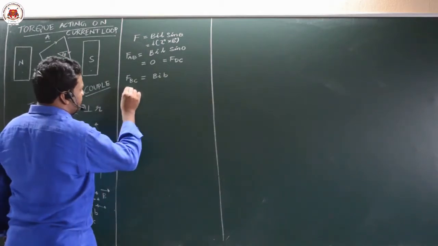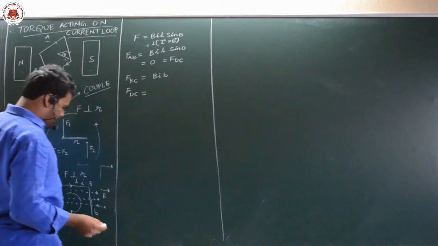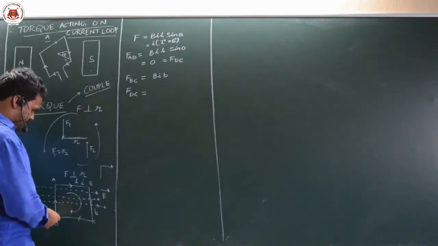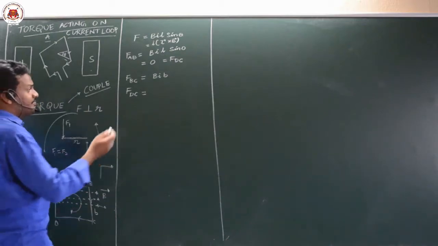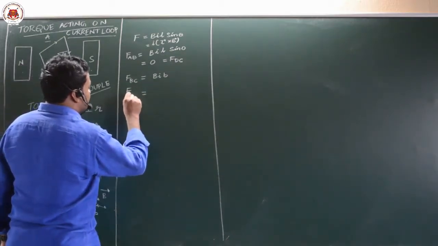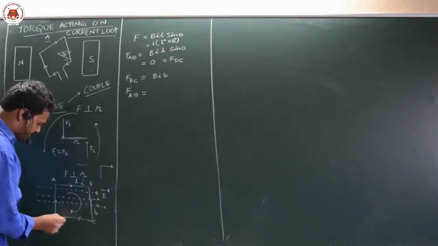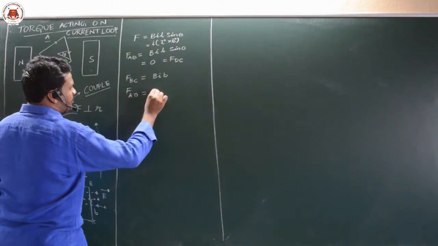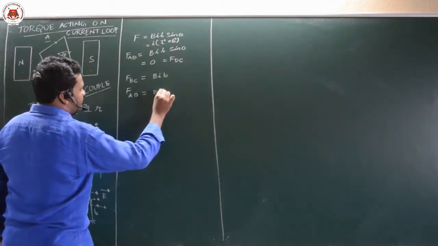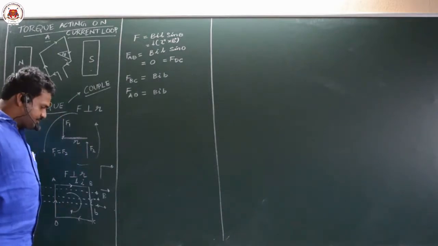Force on DC we made 0. Now force on AD. So AB completed, BC, CD, DA. Now this also equals BIb.